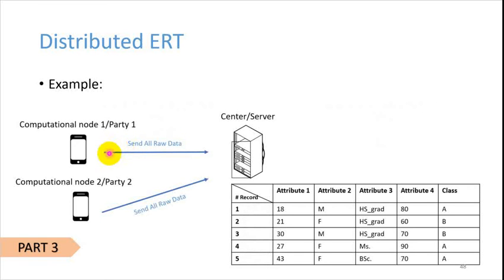One simple way would be sending all the raw data to the server. After that, the server will have all the data and will learn the classifier based on the ERT algorithm from the data. But the server will have access to all the attribute values for all the records.